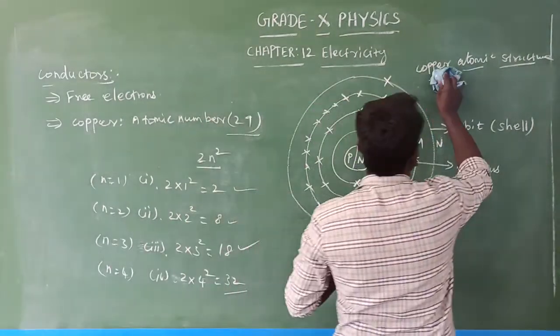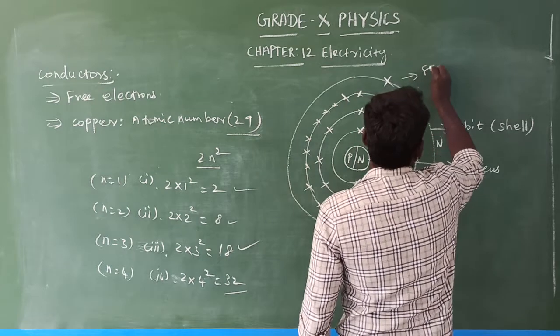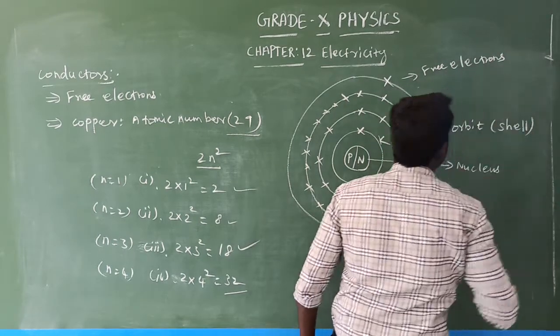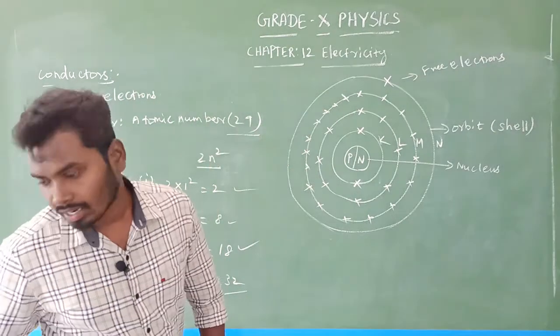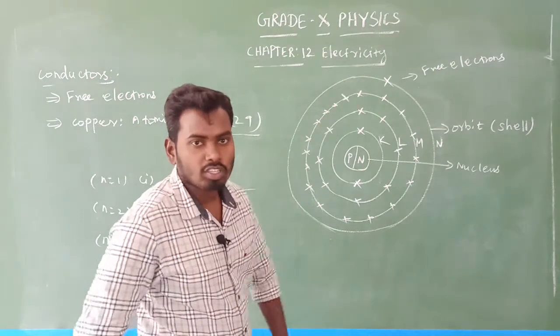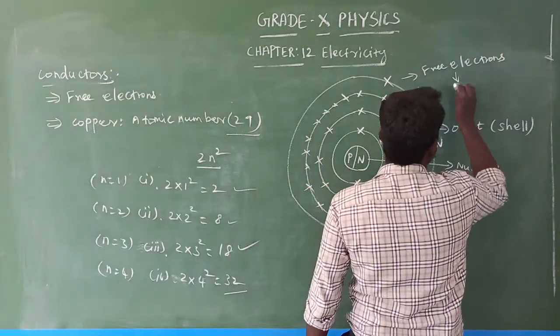Look at here. This is called free electrons. Is it clear? Yes. The outermost electron is called free electron, or otherwise we can say valence electrons.